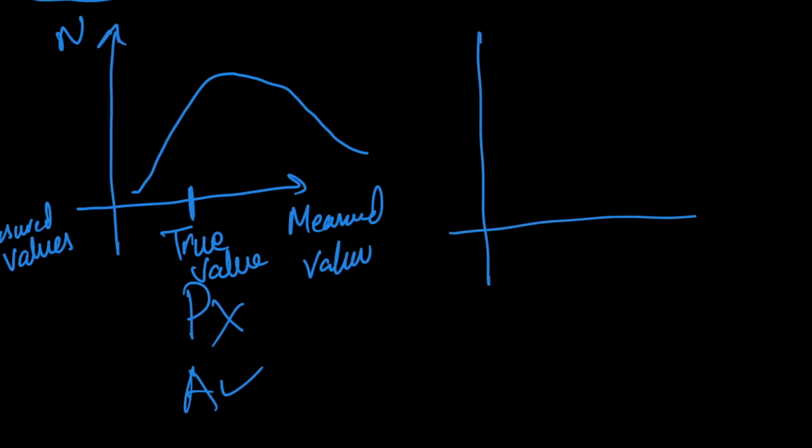But in fact, why don't you try it? I want you to make a graph in which I have a lot of precision, but I don't have accuracy. Pause the video and make it and then play it again.